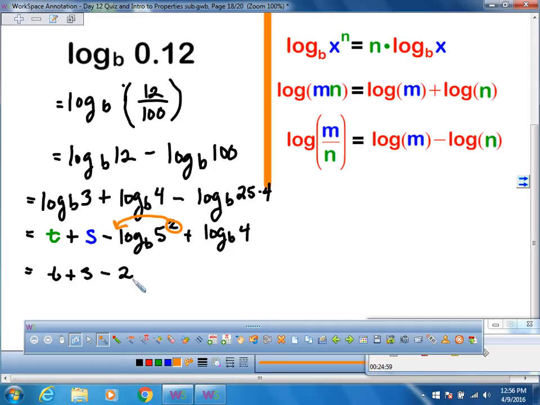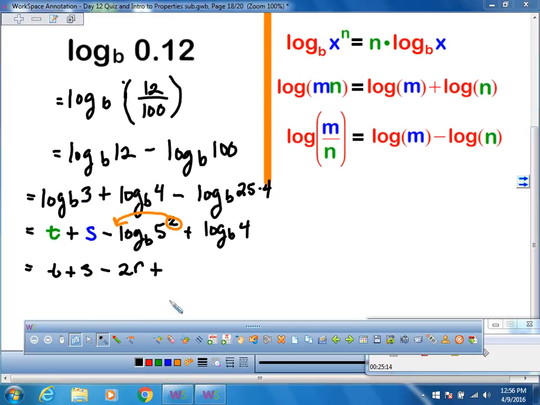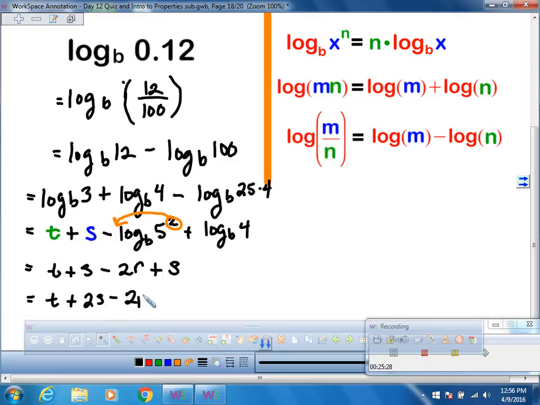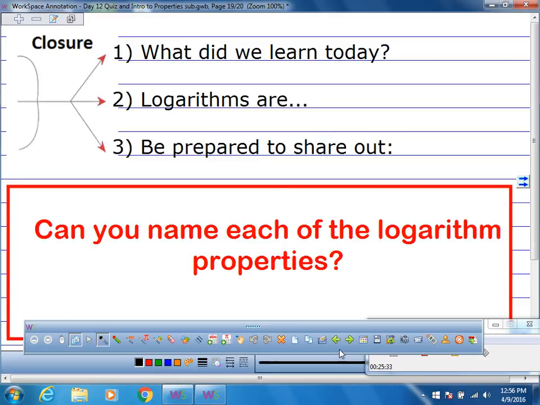Now I've got log b 5, which is really r, so I've got 2 r's, plus log b 4, which is, I believe, s. Yep. So I've got a t plus an s plus another s minus 2r. I'm going to rewrite that. I've got t plus 2 s's minus 2 r's. All right, I think that's it.